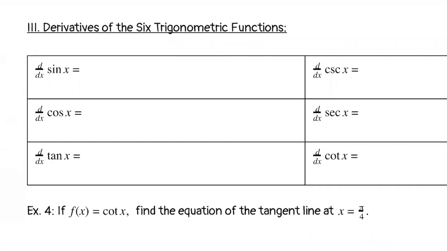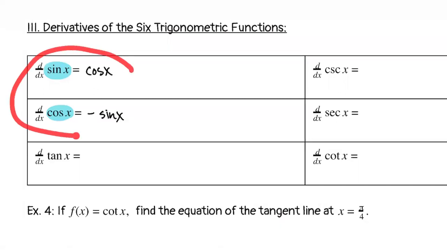So I start with sine and cosine. To me, sine and cosine are a nice pair. And it turns out that the derivative of sine is cosine, and the derivative of cosine is almost sine. It's just a negative sign. Okay.